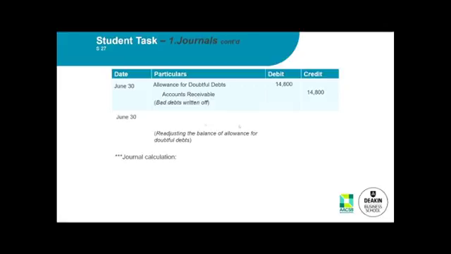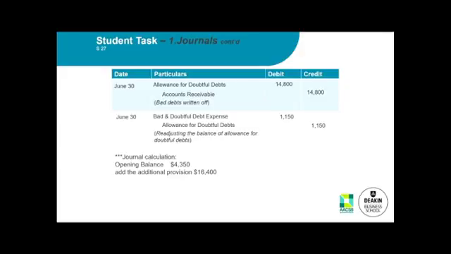And then the last thing that we need to do is to adjust our balance for the allowance of doubtful debts. So our calculation comes to 1,150, and we'll have a look at how that calculation came about. So let's look at the numbers. We started off with an opening balance of 4,350.